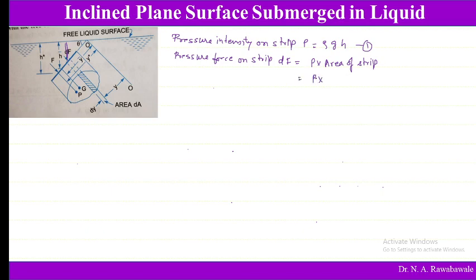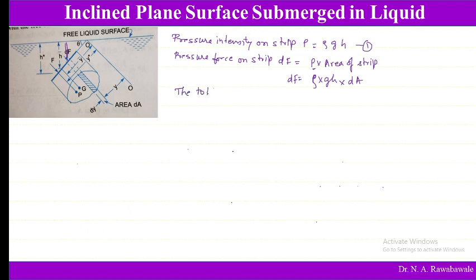P is nothing but rho g h, the pressure intensity, into the area of the strip, given by dA. So this is nothing but dF, the small force dF.